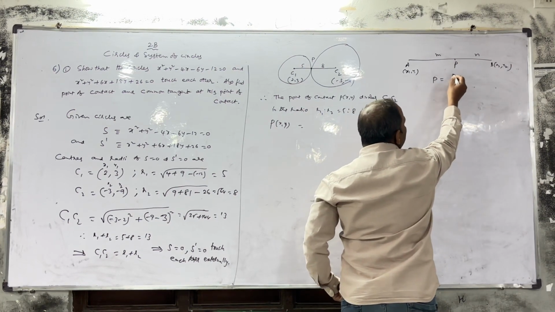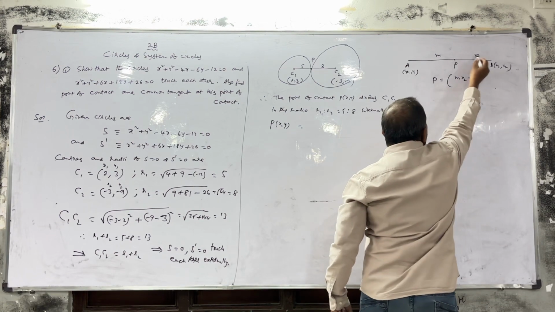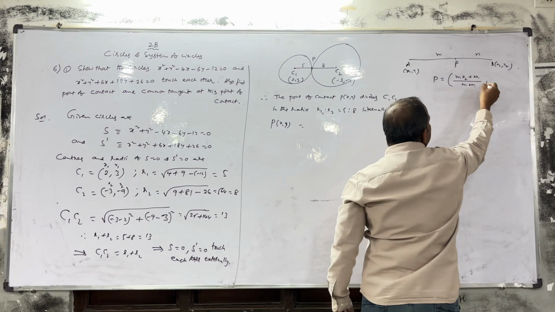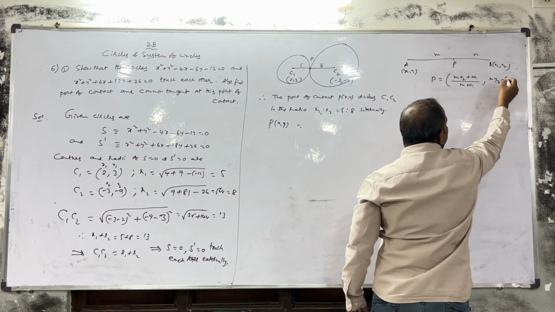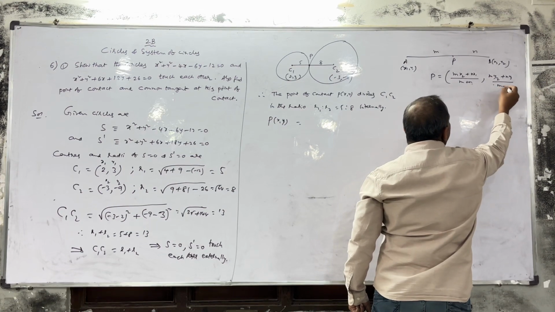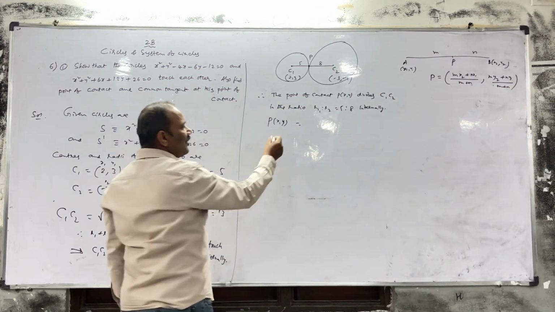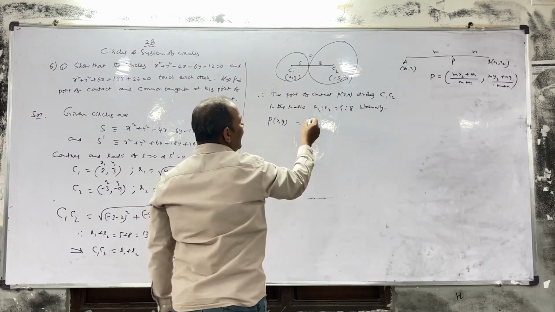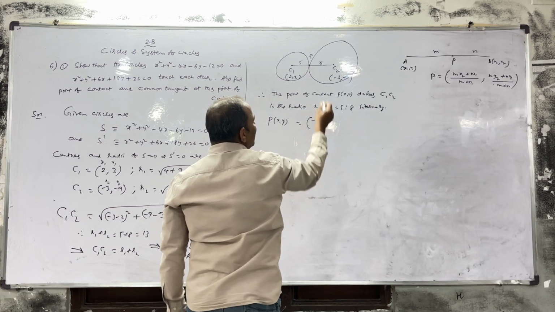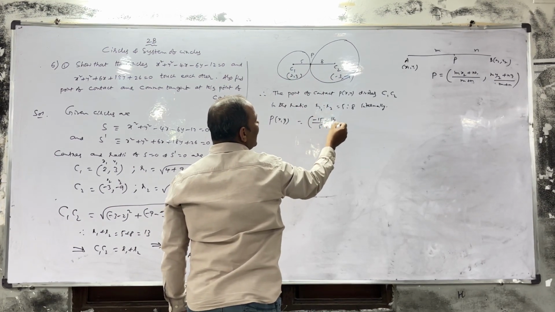The P point coordinates equal m times x2 plus n times x1 divided by m plus n. Similarly, the y coordinate is m times y2 plus n times y1 divided by m plus n. This is the section formula, internal division. So by using that formula, we get 5 into minus 3, minus 15, plus 8 into 2, 16, divided by 5 plus 8.